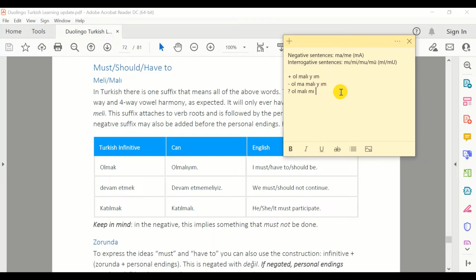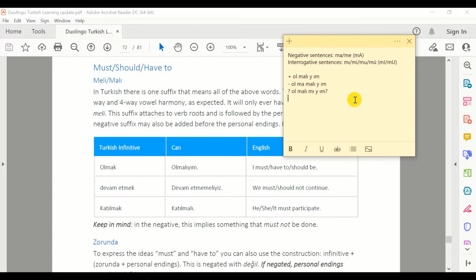Now the personal suffix begins, and here two vowel letters have come together, so add one buffer letter as well, and the question mark at the end. Olmalı mıyım? I must not be. So easy as that.